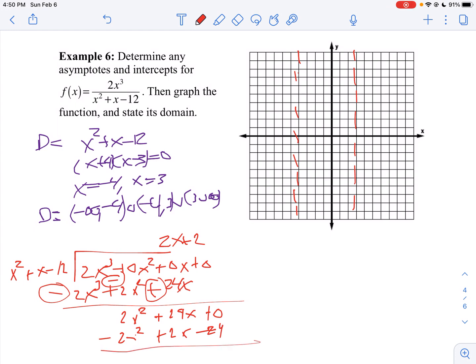And then I get a remainder. But remember, remainder doesn't matter, because as I approach infinity, it's going to go towards 0. So I'm just going to graph 2x plus 2.